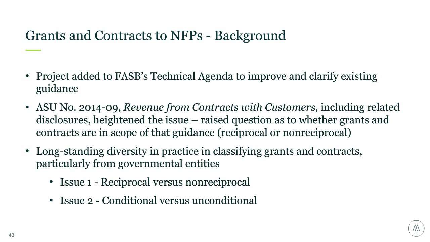If it is an exchange transaction, then you're going to look back at Topic 606 or that revenue recognition that we just discussed. If it's non-exchange, then it's going to fall under this standard. And once you've determined that it's a non-exchange transaction, then you also need to go on to a second step and determine whether that is conditional or unconditional.